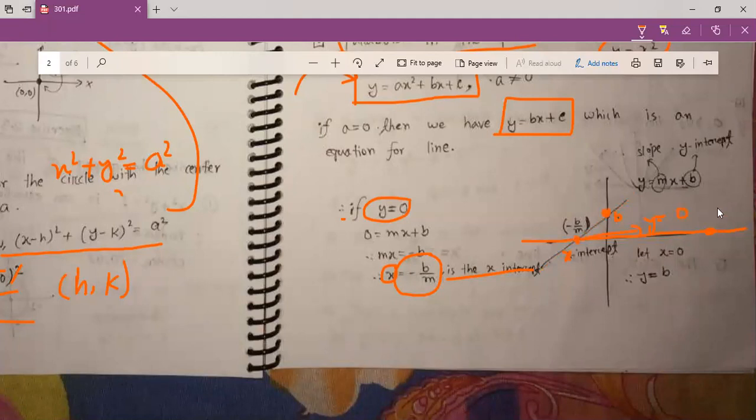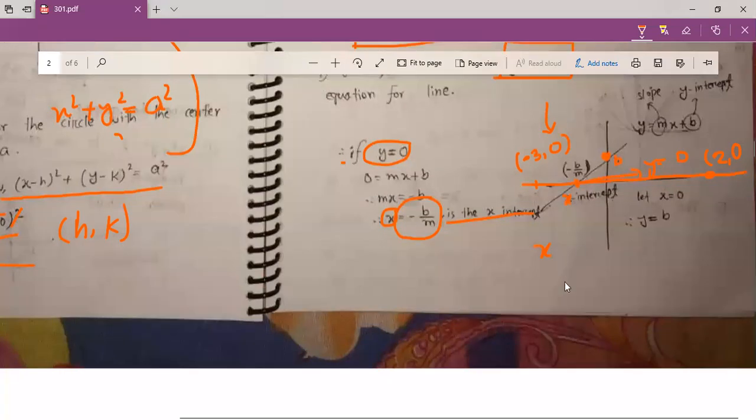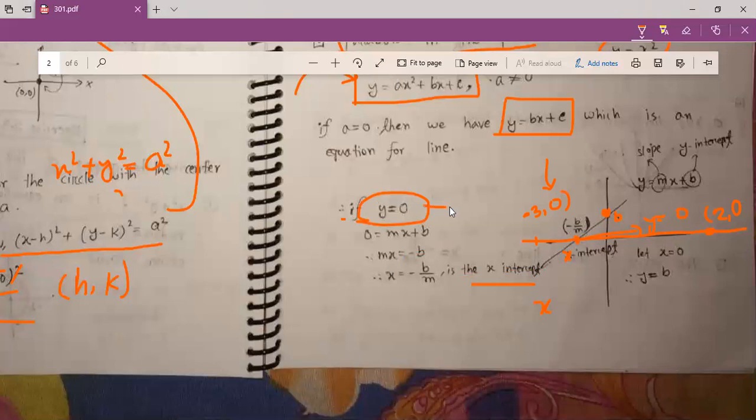Here it will be like (2, 0), here like (minus 3, 0). Every time the value of y is 0. That's why you have to input y equal to 0 to find the x-intercept in this function.